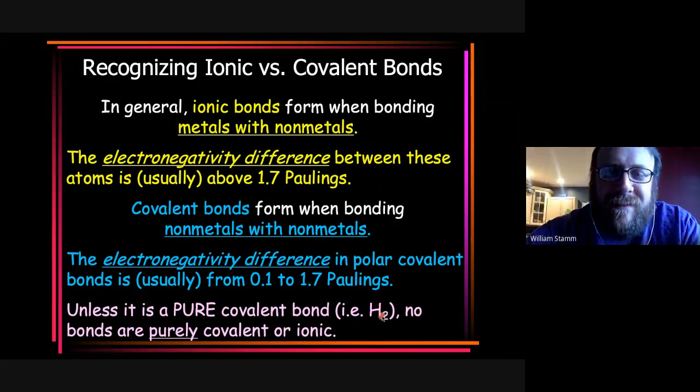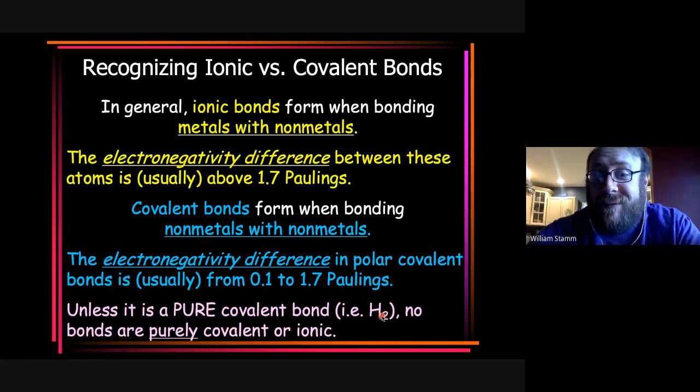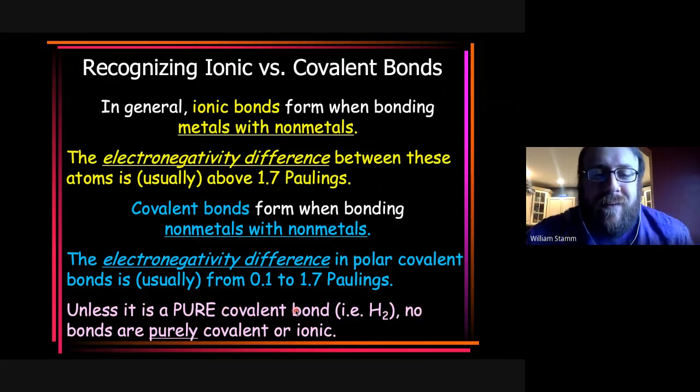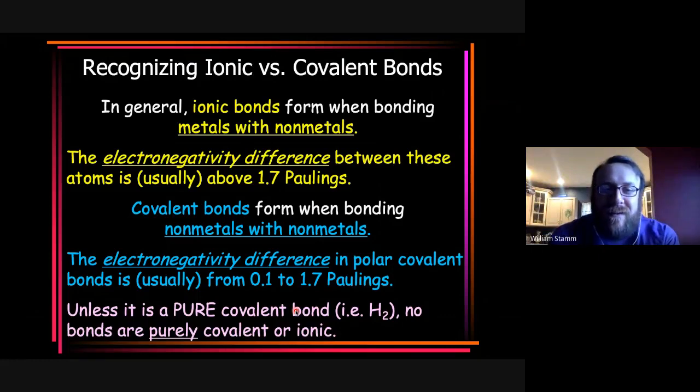Obviously, they're both going to have the same value, so you subtract one value from the same value, you get 0. So it's actually less than 0.1 even. So if it's extremely close, like 0 or 0.1, it's going to be a pure covalent bond or nonpolar, or it's an equal sharing.